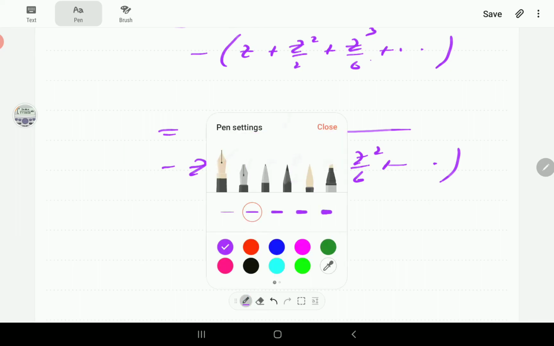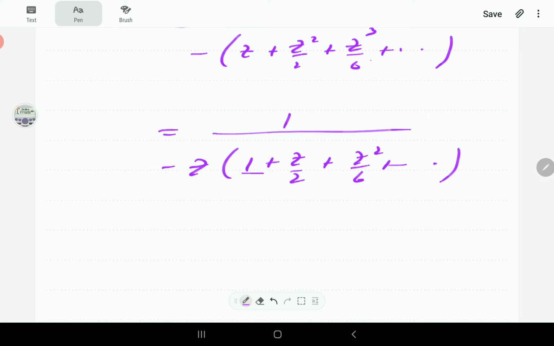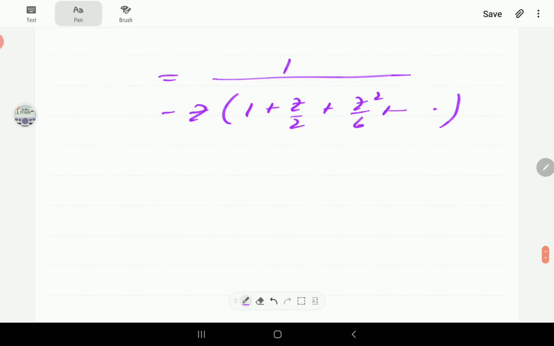Whenever that is the case, if we expand this in powers of z, the highest negative power is going to be 1. So this is implying that z equals 0 is a simple pole.